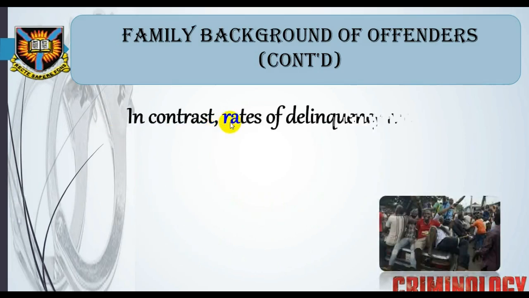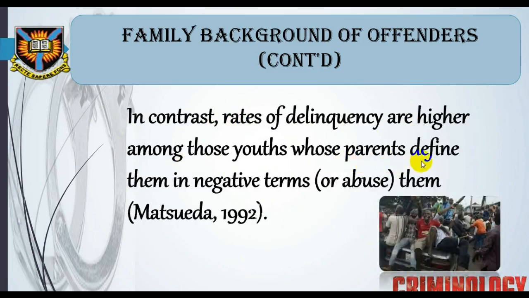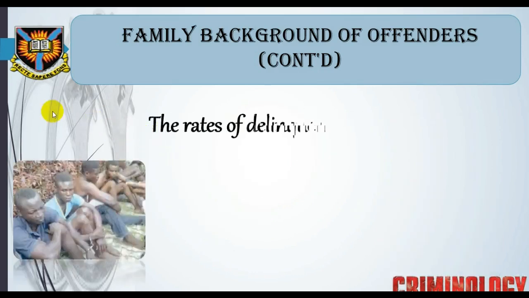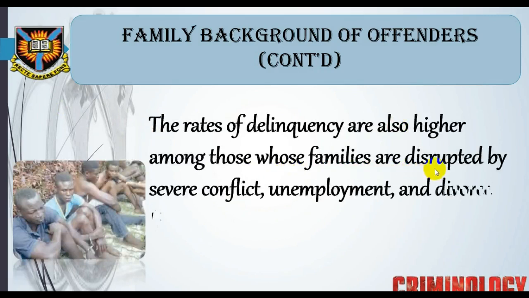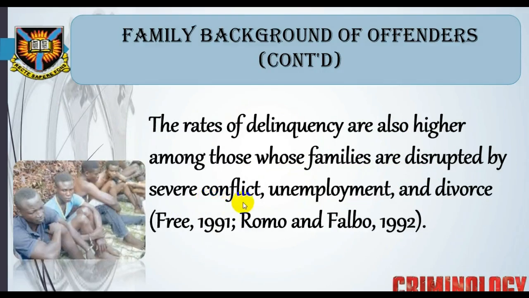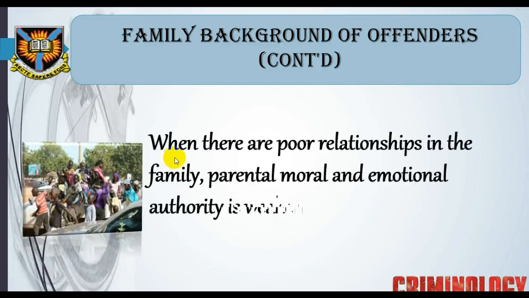In contrast, rates of delinquency are higher among those youths whose parents define them in negative terms or abuse them. Matsuda, 1992. The rates of delinquency are also higher among those whose families are disrupted by severe conflict, unemployment, and divorce. Free, 1991. Romo and Falbo, 1992.